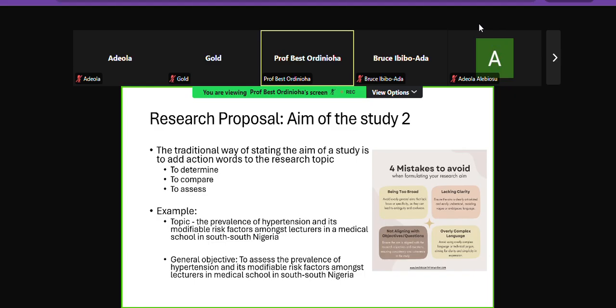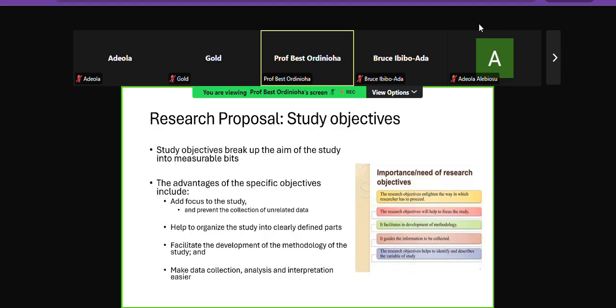But the one that we have to spend a lot of time to know is the objectives. The objectives are usually a subset, subcategories of the aim. Aim is usually the outcome.